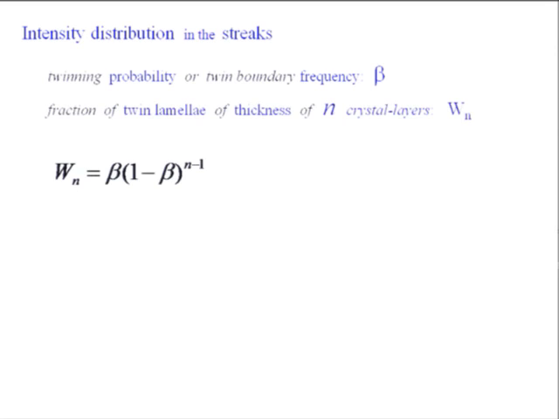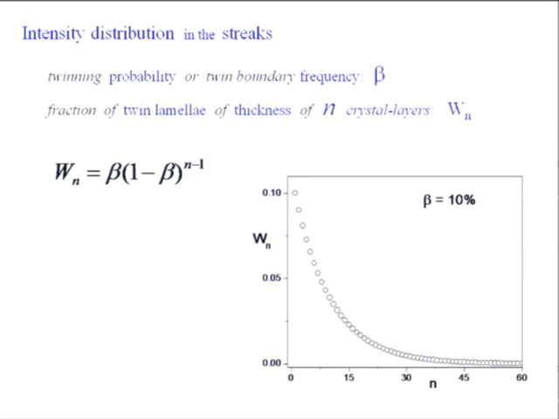The intensity distribution in the streaks can be formulated as a function of the twin density. You have to make a description of the twin probability. If the twinning is an independent effect, the twin boundary does not influence the position of the next twin boundary, then you end up with a bimodal distribution, which will look like that.